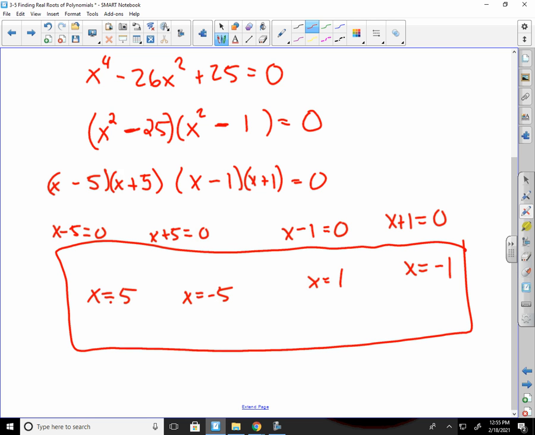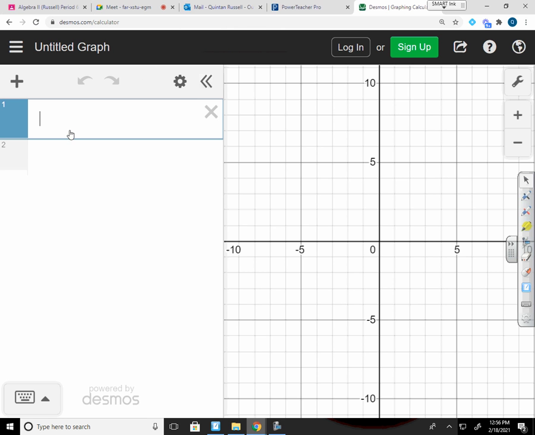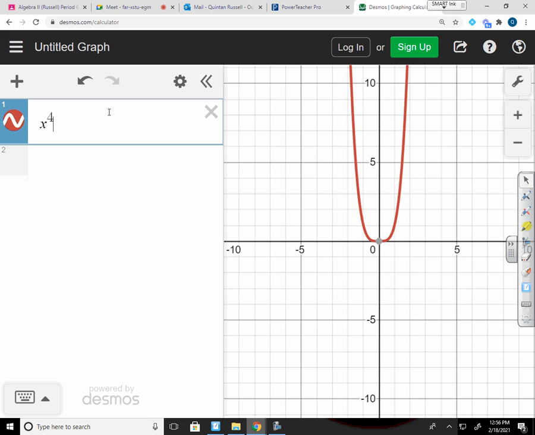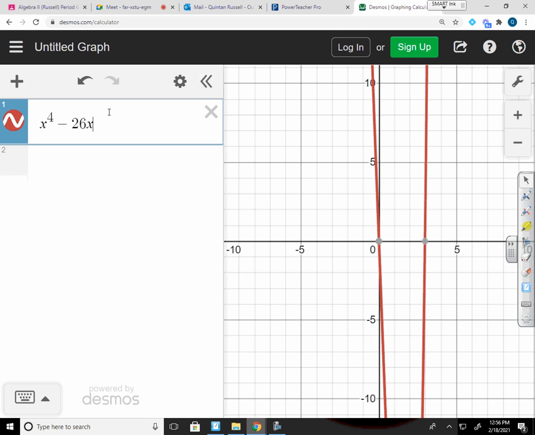What does all that really mean now? If I go into my Desmos, I'll be able to see what that actually means. So now that I'm in here, I can enter my equation. x to the fourth minus 26x plus 25.